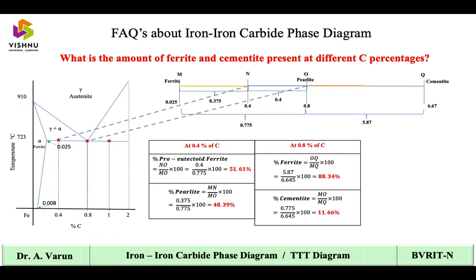Then coming to the next, let me consider 1% of carbon. At 1% of carbon, it is in the hypereutectoid system, wherein the mixture will be proeutectoid cementite and pearlite.